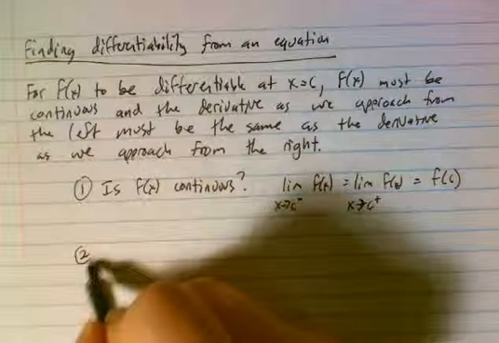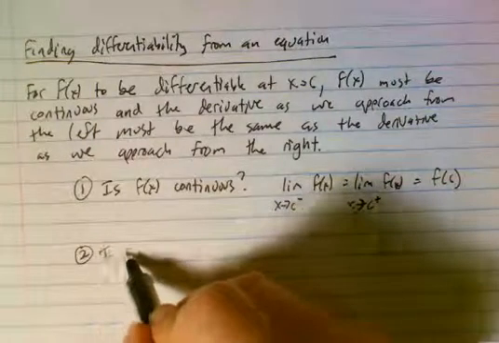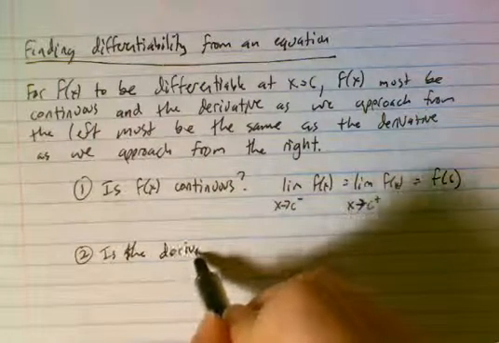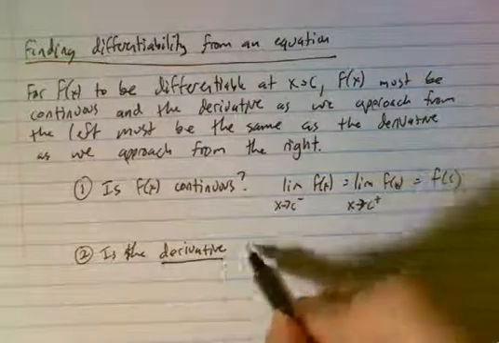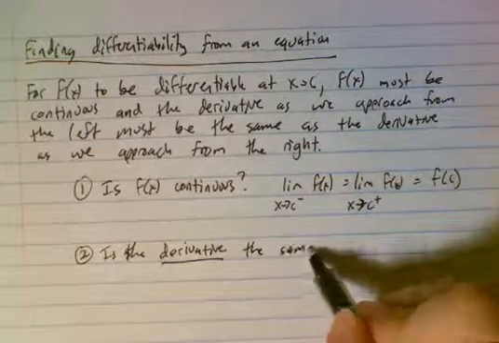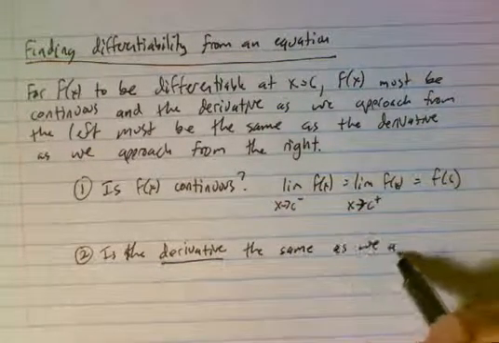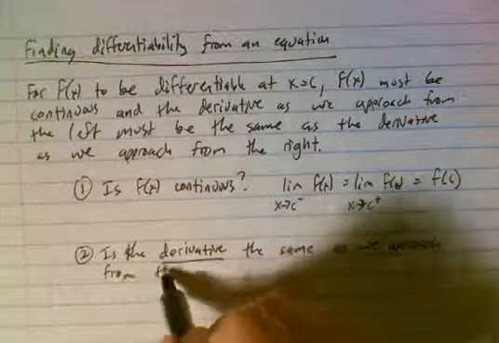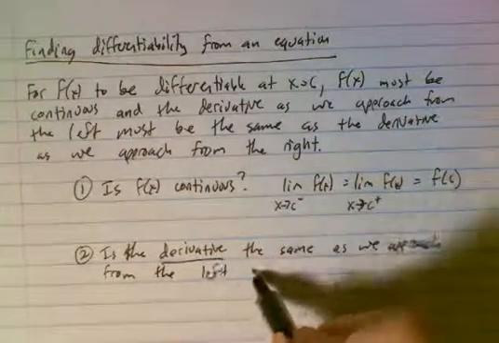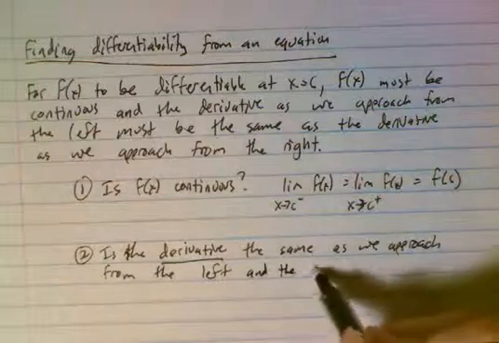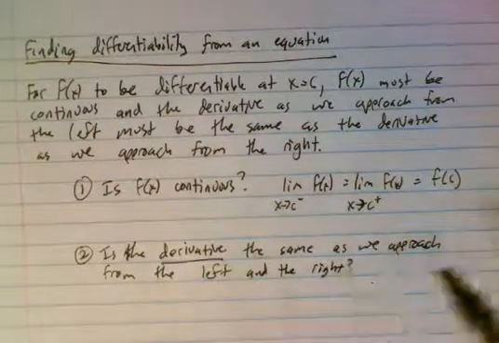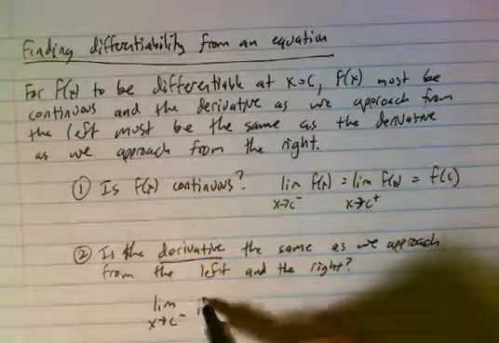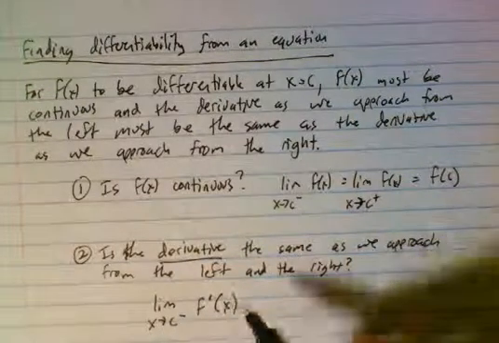Secondly, is the derivative the same as we approach from the left and the right? So what that means is the limit as x approaches c from the left of f prime of x.